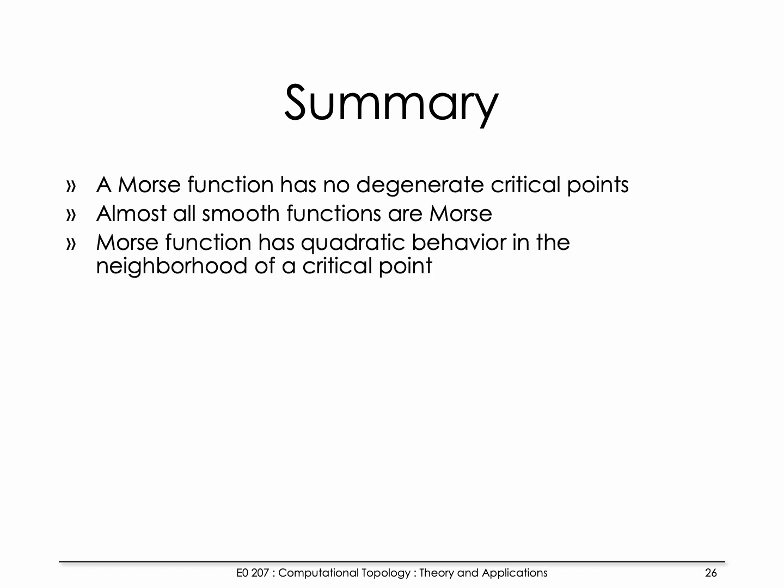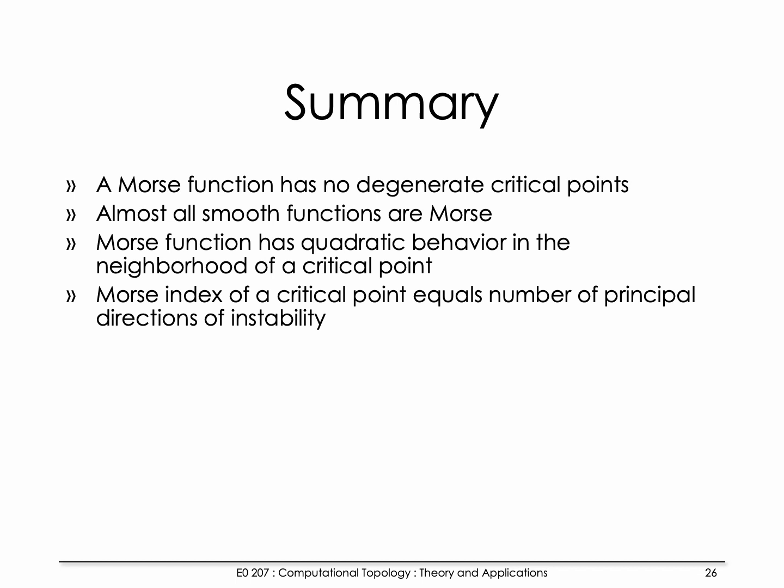We saw that the Morse function has some very nice properties in the neighborhood of a critical point, namely that it can be written as a quadratic function. We used this to introduce the notion of Morse index. It is the number of negative eigenvalues of the Hessian, or the number of principal directions of instability in the neighborhood.